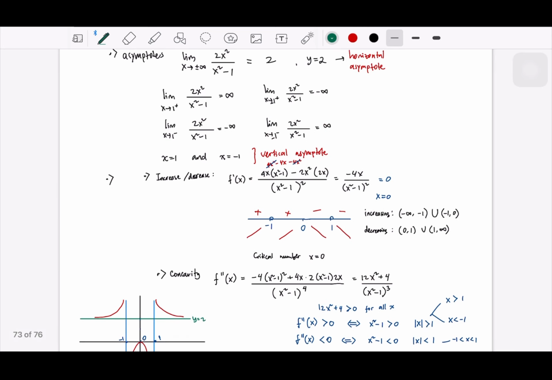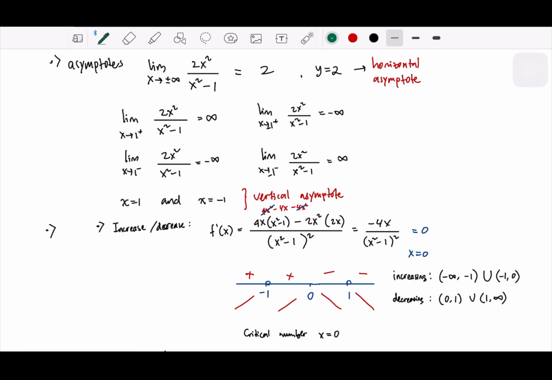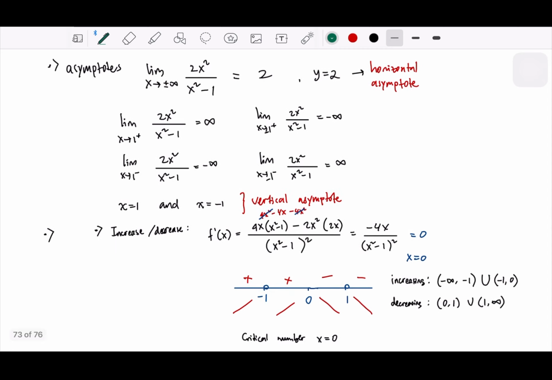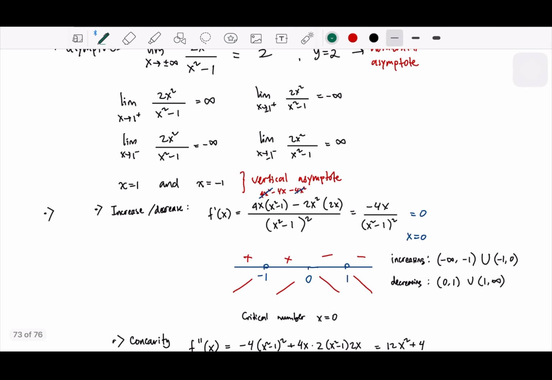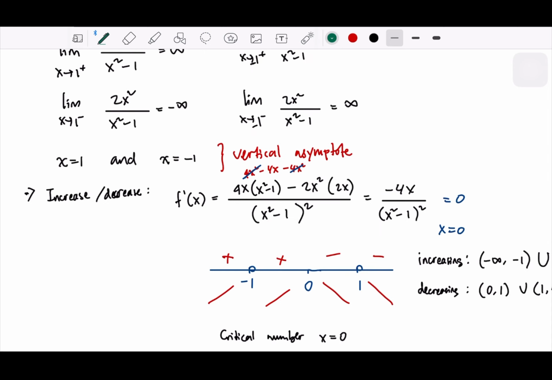Okay, hello everyone. So I think I had some error on the recording, so it stopped at this increasing, decreasing. So after we find increasing, decreasing, what we are going to do is find the first derivative.